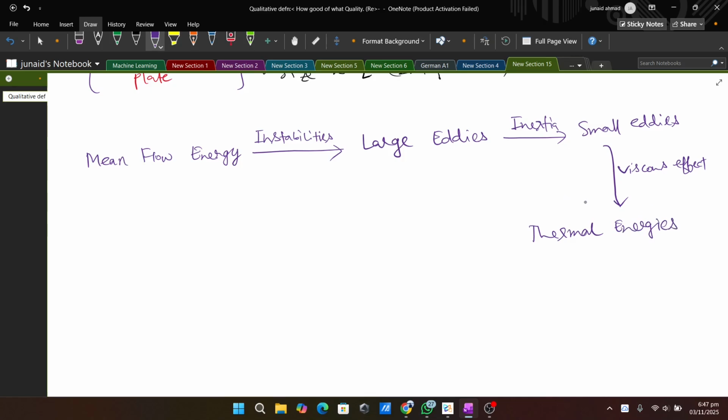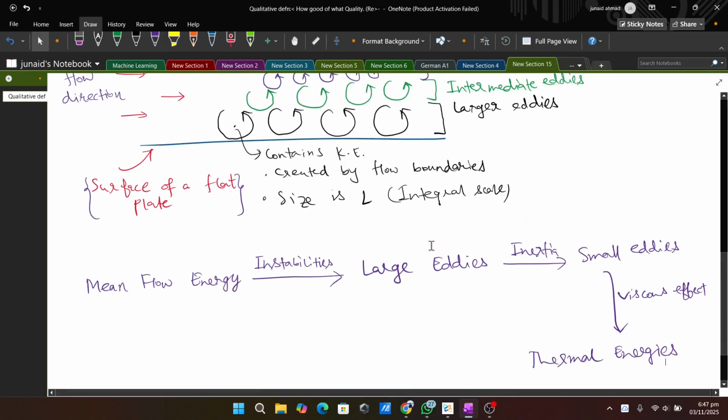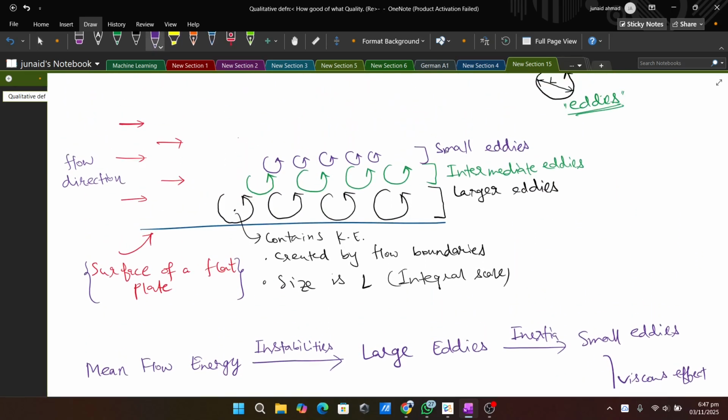We can say that due to the viscous effect, the small eddies are disappearing. Due to the viscous effect, you don't see any other eddies here. No eddies, or no existence of the eddies. Why? Due to the viscous effect.